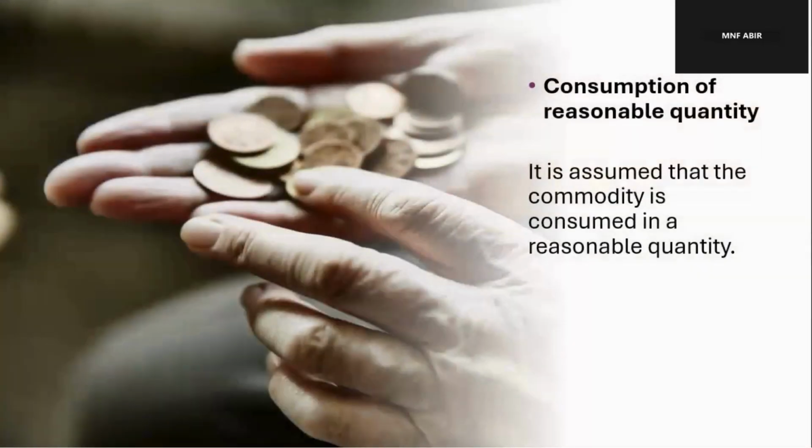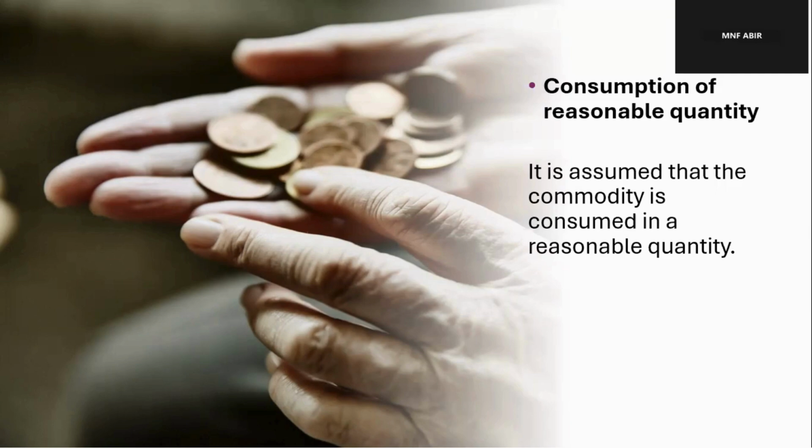Next is consumption of reasonable quantity. The assumption of reasonable quantity means a consumer should consume units of a good in normal, practical amounts, neither too small nor too large, for the law of DMU to hold true.